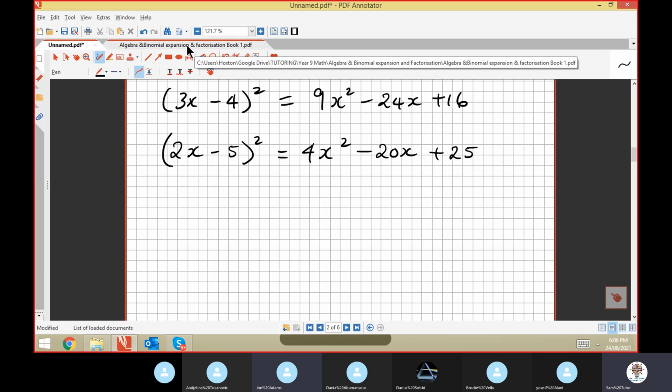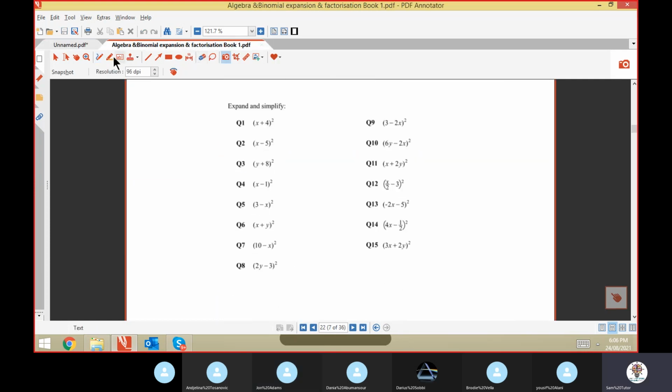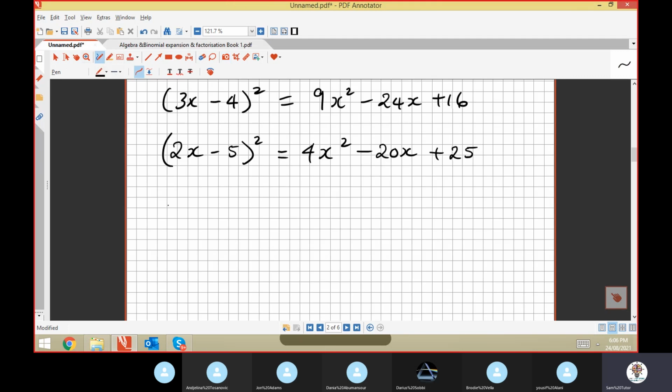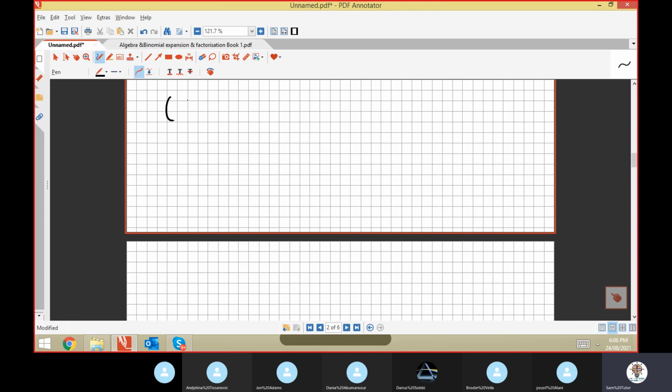All right, good stuff. Let me see, anything other than fractions left? Nope, just fractions. All right, next one, next level higher. (x/3 + 4) squared.